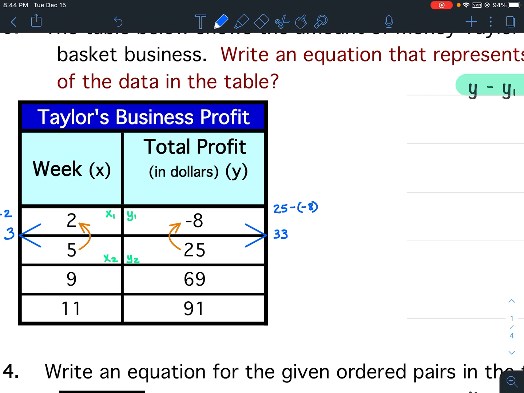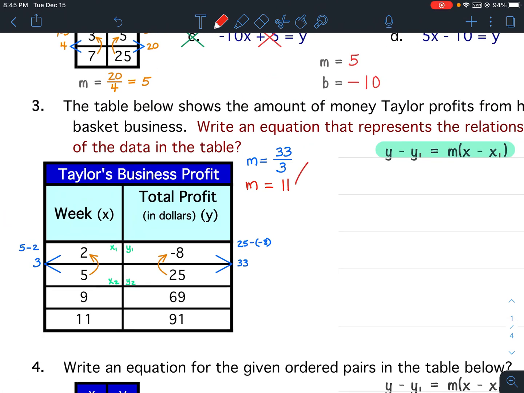So my slope is the difference in y, which would be the 33, over the difference in x values, which is 3. Divide that out, and you get slope equals 11. So I know my slope is 11. I'm going to put the 11 in for the m.